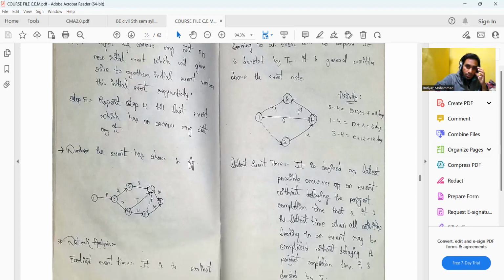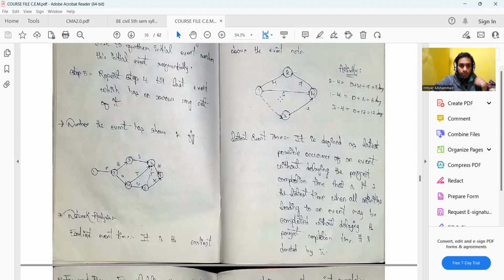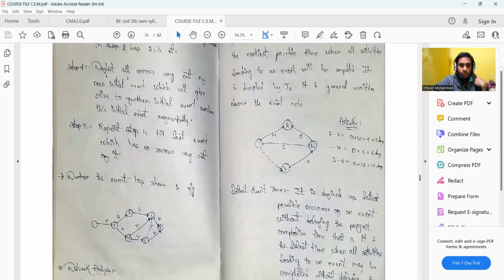So now you see if you have nodes 1, 2, 3, and 4, the earliest event time, denoted by TE, will be shown on top of the node, basically to the right hand side, you can see on top. So that is how generally it is done.